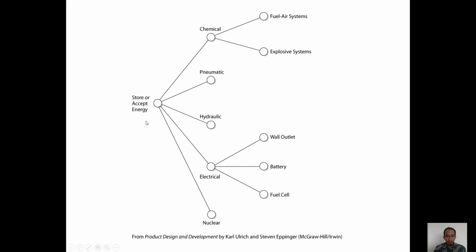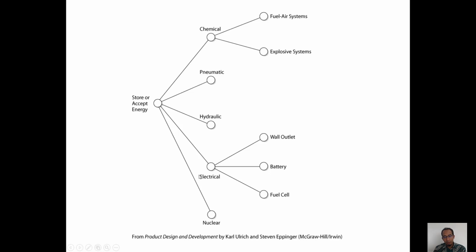So from the storing or accepting energy part, we have alternatives. We can store the energy chemically, or pneumatically, or hydraulically, electrically, or nuclear. From chemical, for example, we have the option of using a fuel air system or explosive systems.